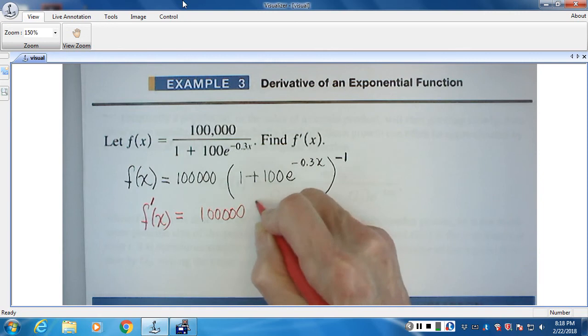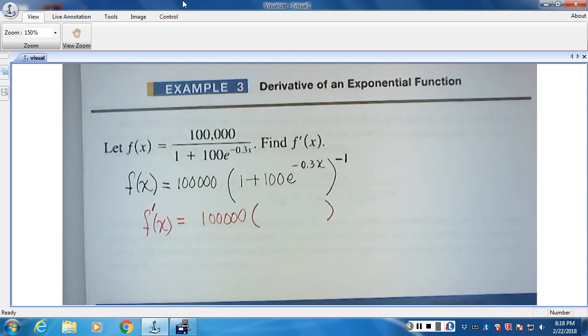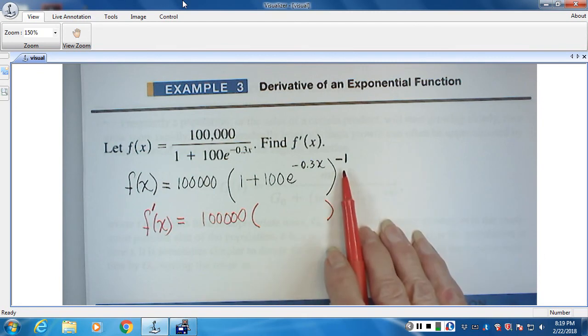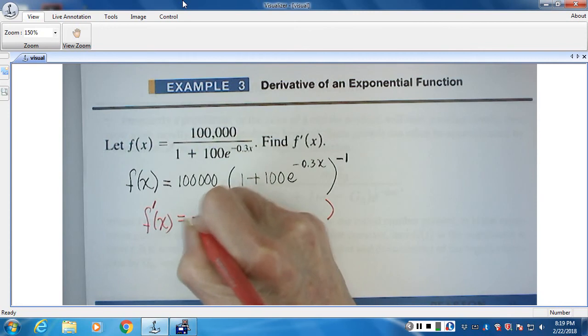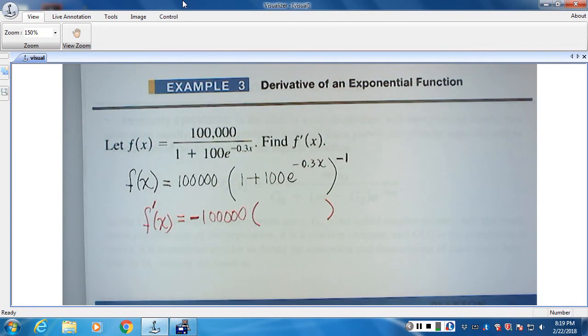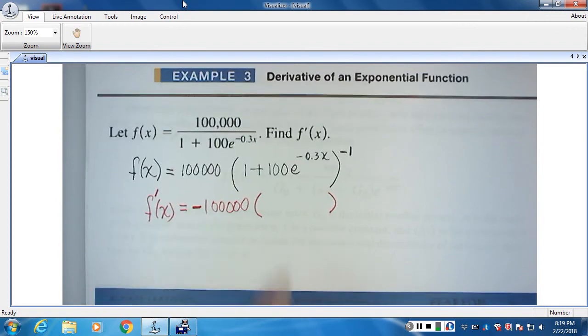You're going to need to keep these parentheses. And you're going to need to keep what's inside of them. But that parentheses has a power on it, and that power is negative 1. Multiply it times that number in the front. If it had been negative 2, I would have gone ahead and multiplied that and called that negative 200,000, because that way I don't have to keep up with it anymore.